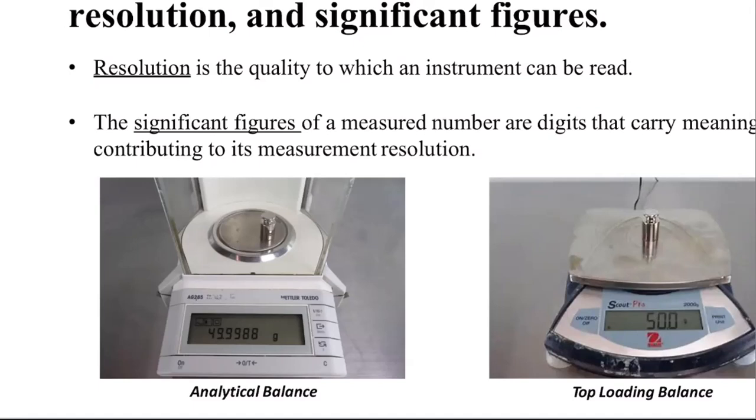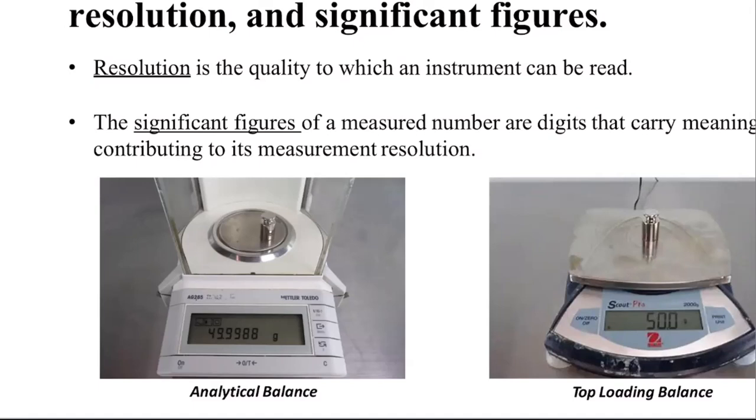It doesn't make the instrument on the right or the left more accurate, because that is a different activity in terms of measuring precision and accuracy. What I'm trying to illustrate here is just that resolution is different in different instruments. Taking that into consideration, this is why in chemistry, in physics, and other subjects, we have what is called significant figures.